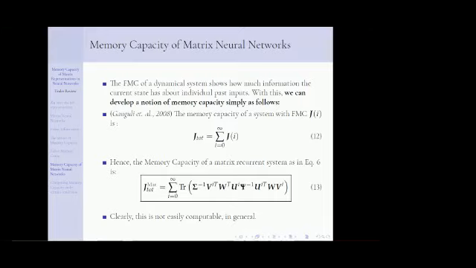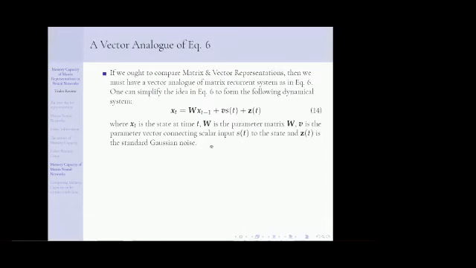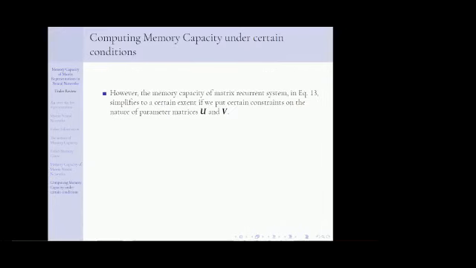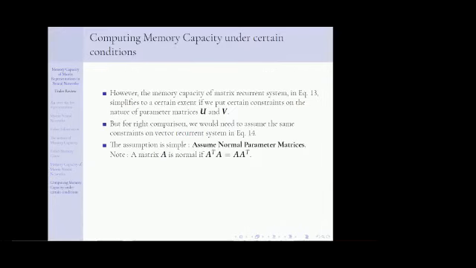Because if we take one assumption which suits equation 13 much more than equation 15, that would be problematic. So we assume a very basic assumption that parameter matrices are normal. That is, the parameter matrices commute with their transpose.